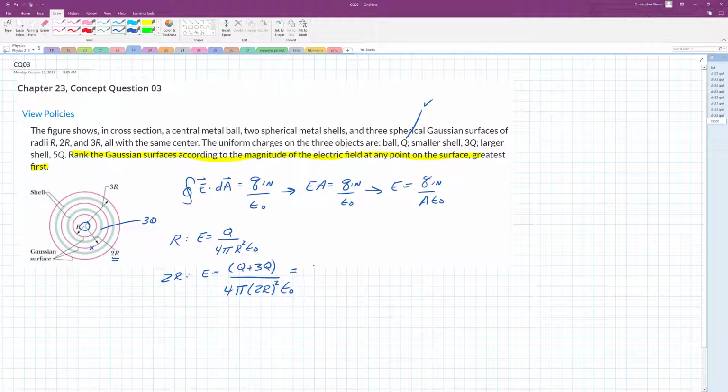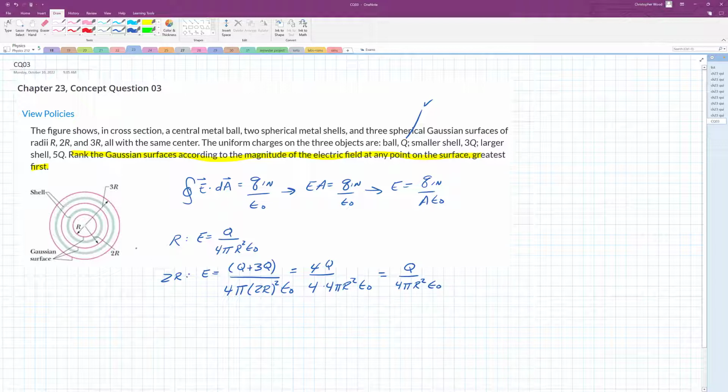This becomes 4Q all over, I'll write it like this, 4 times 4 pi r squared epsilon naught. And you can see this reduces down to the same result, Q over 4 pi r squared epsilon naught.